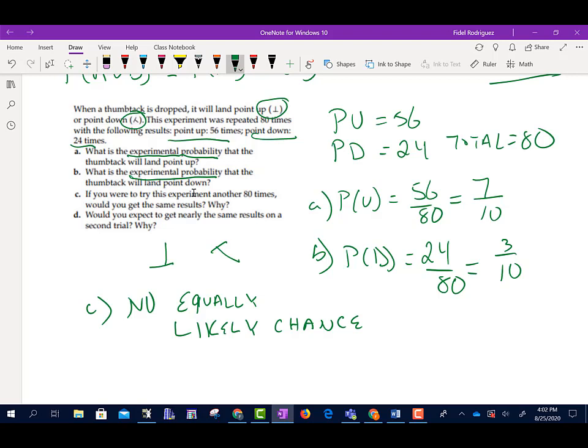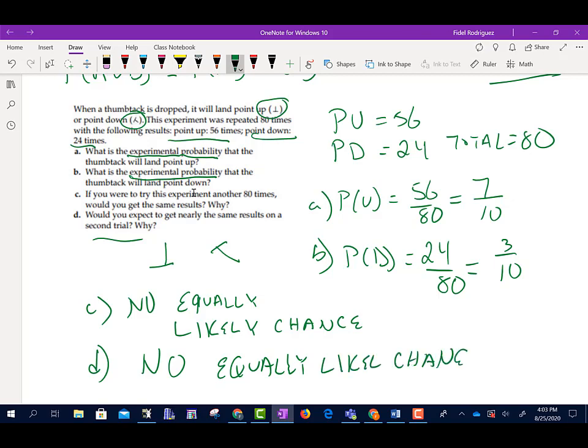Would we expect the same results? No, again, because there's still an equally likely chance. We should be coming up with roughly 50-50, right?